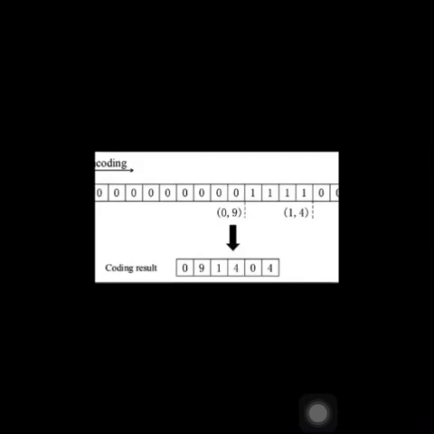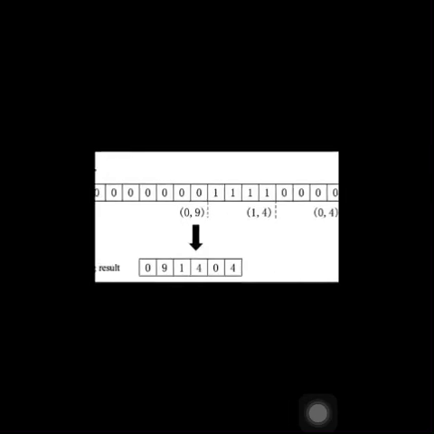That means code 0 has to be transmitted 9 times. Similarly, if there is a stream of ones of length 4, the same can be written as 1, 4. That means code 1 has to be transmitted 4 times. Then 0, 4 means code 0 has to be transmitted 4 times.